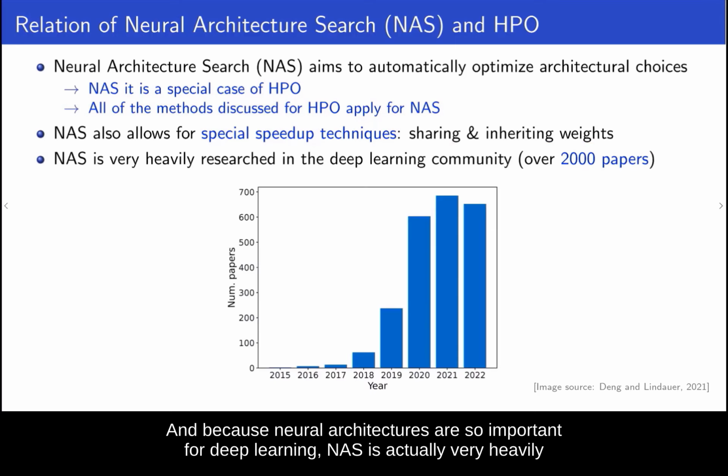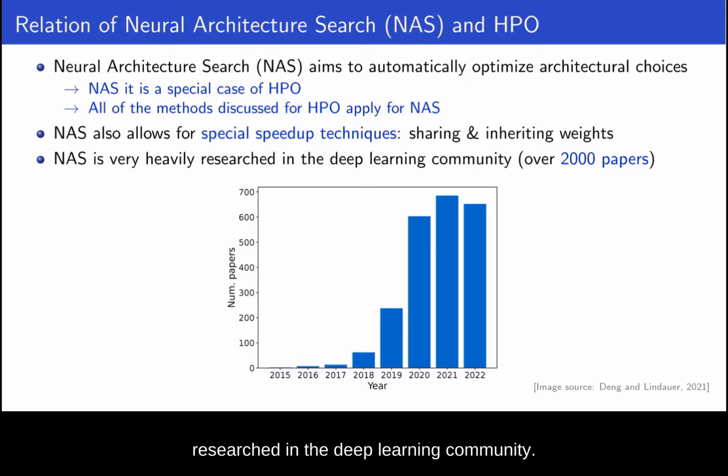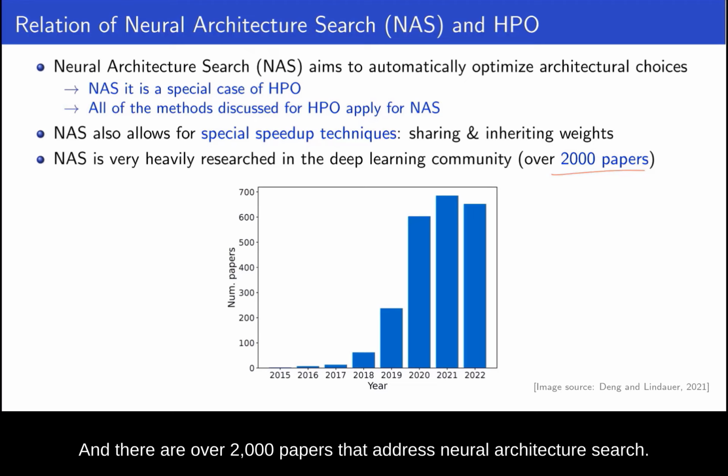And because neural architectures are so important for deep learning, NAS is actually very heavily researched in the deep learning community. And there are over 2,000 papers that address neural architecture search.